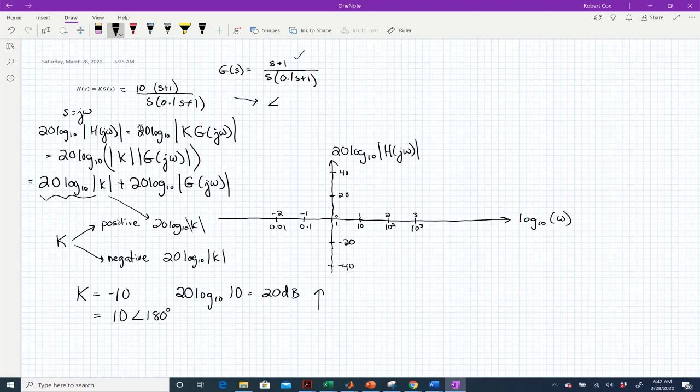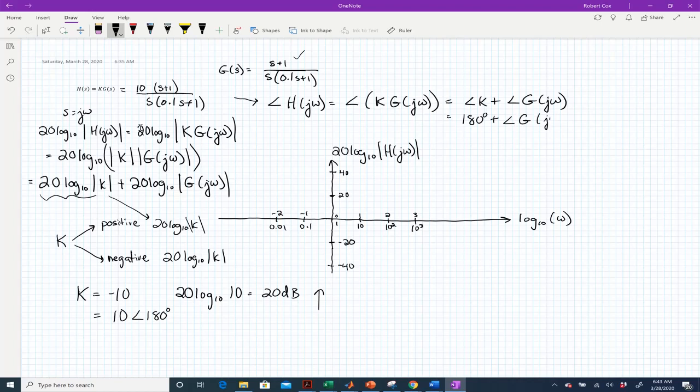Just to be careful, this would matter when talking about the angle. The angle of H(j omega) is equal to the angle of K times G(j omega). If I have two complex numbers multiplying each other, it's the angle of K plus the angle of G(j omega). The angle of K in this case is 180 degrees.